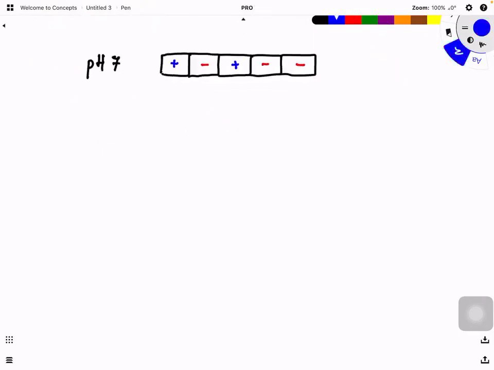Look at this. If I decrease the pH from pH 7 to pH 6, what will happen? We add H plus. I see that H plus will bind to the COOH, correct? Do you realize that? So when H plus binds, this part becomes neutral already.